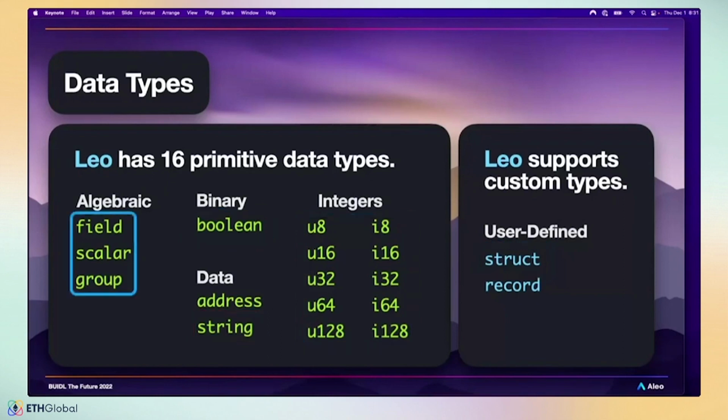You also have algebraic data types, either fields, scalars, or groups, and these relate to some of the cryptographic primitives that Leo offers to users. Fields also relate to the SNARK construction underneath, and they're the fundamental representation of data in a SNARK. And then you also have addresses, and these are akin to Ethereum addresses.